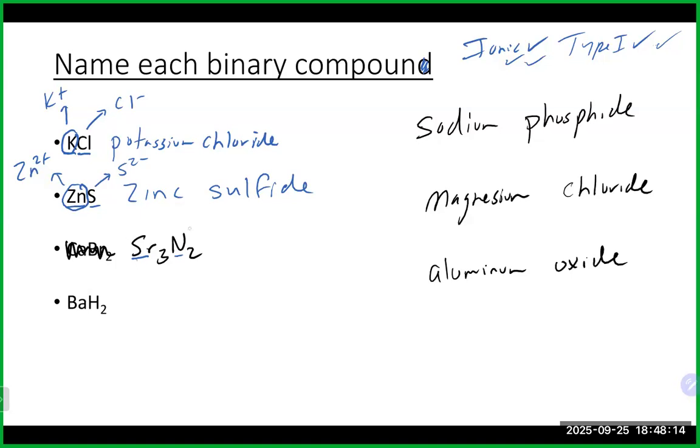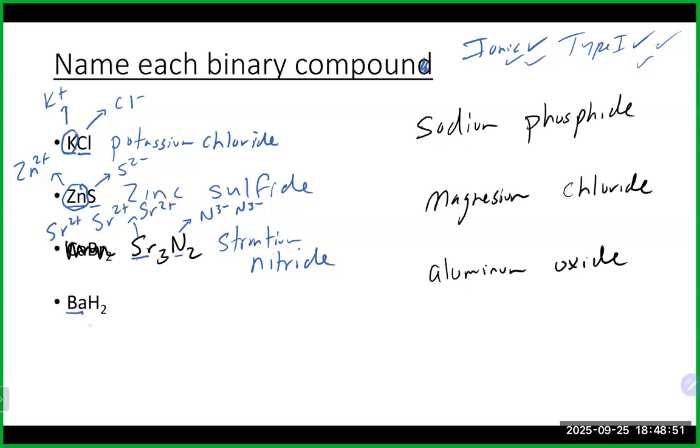Strontium is group number 2, I hope, and that means it's going to have a fixed +2 charge, so we can roll right into strontium nitride, made up of strontium with a +2 charge, actually 3 of them as the subscript implies, and a nitride that has a -3 charge and 2 of them. -3 times 2 is -6, and 3 times +2 is +6, which gives you 0 when it's all said and done, and that is how we get there.